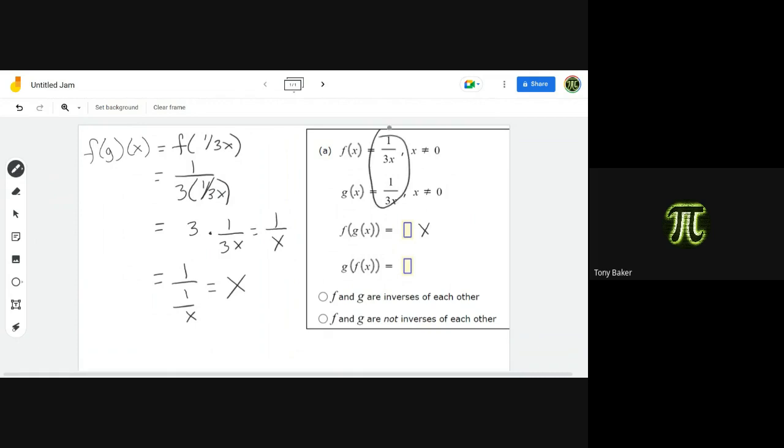And the nice thing is, in this case, they're exactly the same, so doing the other direction is going to give you the exact same thing. So that is an x as well. So in this case, f and g are inverses of each other.